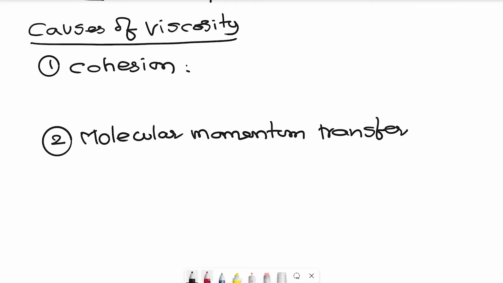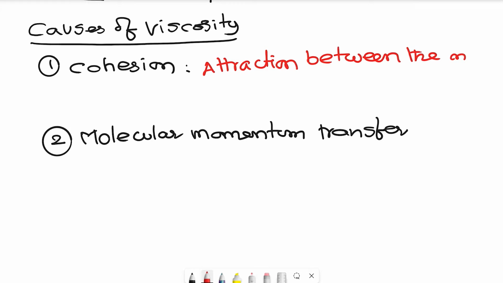Cohesion is nothing but the attraction between the molecules of the same fluid. Cohesion in water means the attraction between the water molecules. Cohesion in mercury means the attraction between the molecules of mercury.